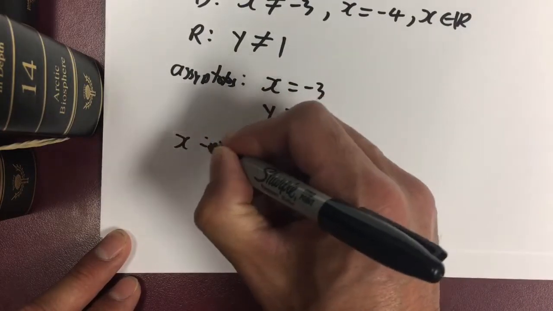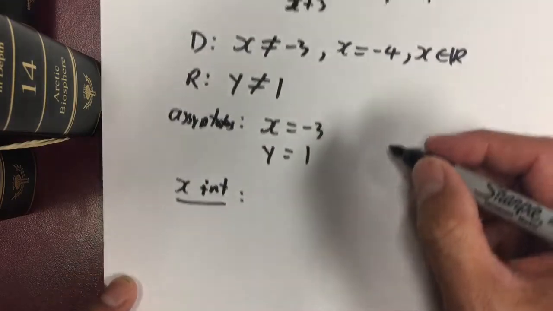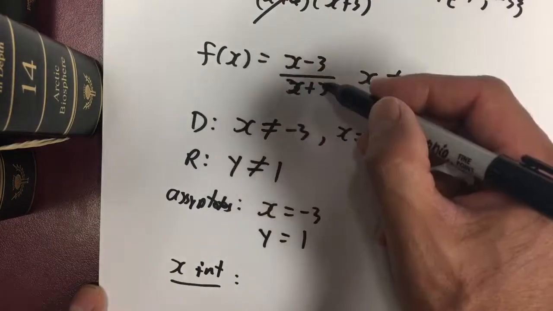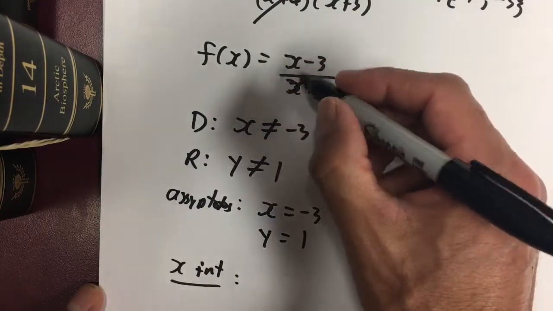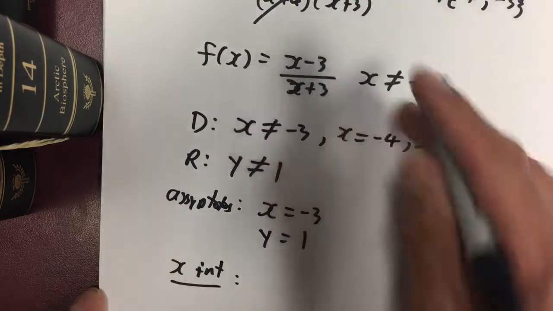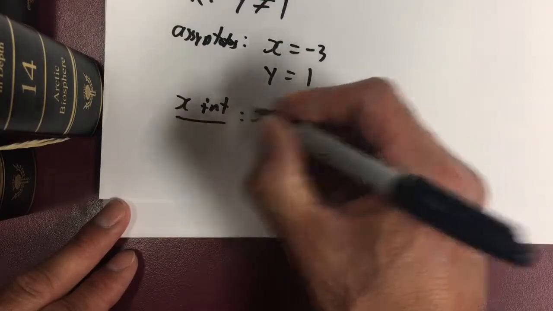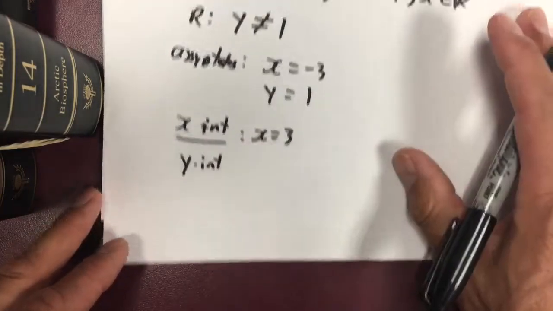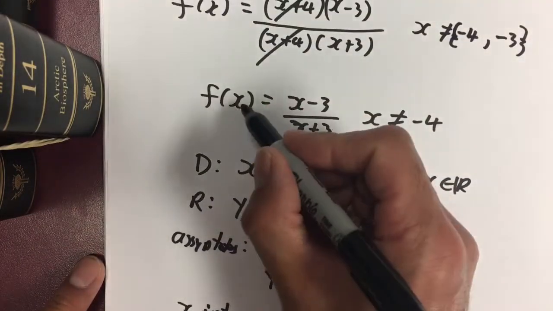Our x-intercept is going to be the value that makes f of x equal to 0. And clearly f of x is 0 when x is equal to 3. So our x-intercept is x equals 3. Our y-intercept: what y value do we get when we put in a 0 for x?